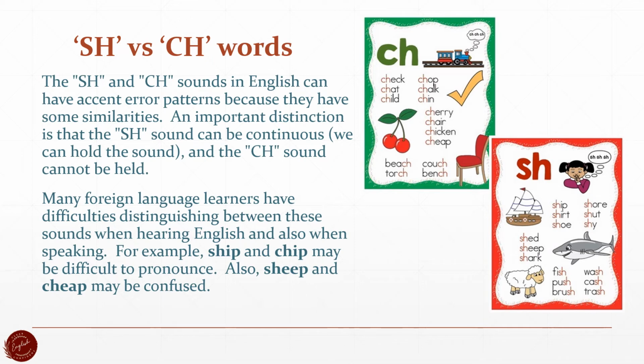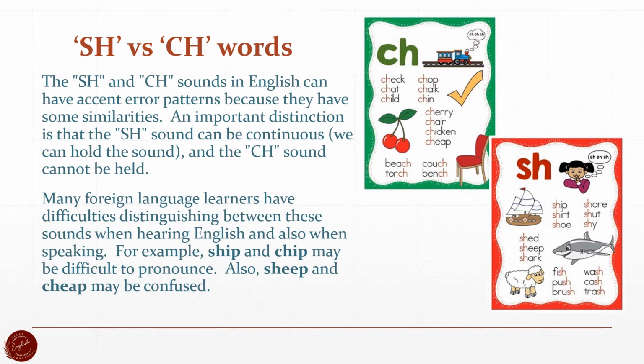Shh. It's like I'm trying to tell somebody to be quiet. Shh. The CH sound is very short and abrupt, like ch, ch. I cannot hold that sound. It's not possible for me to make ch. It's not going to work.